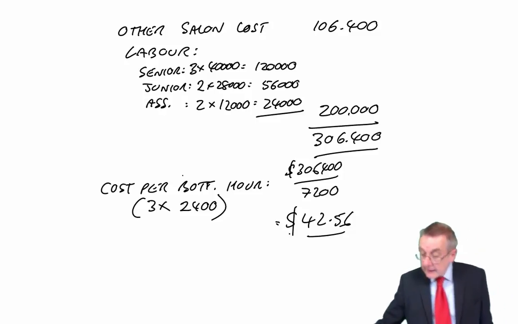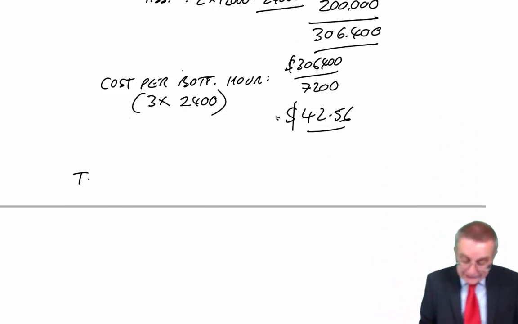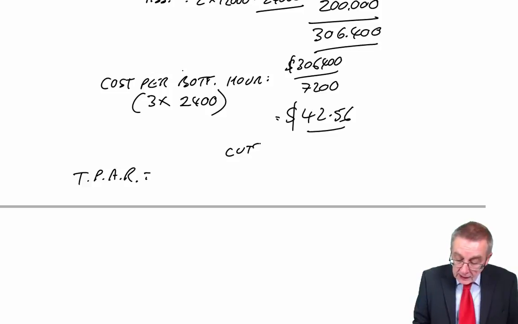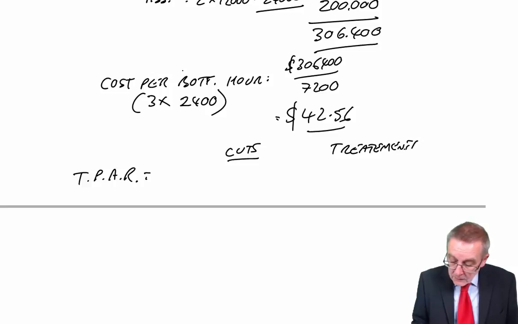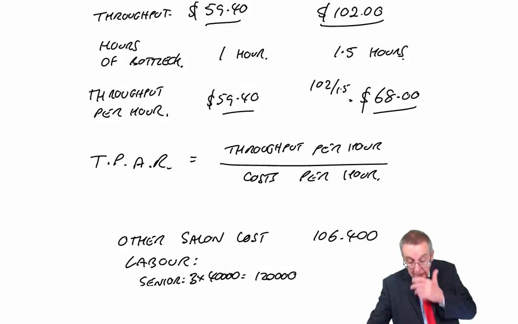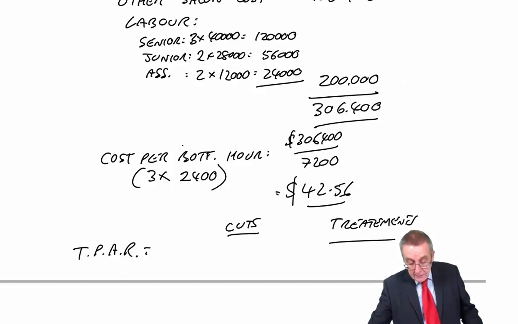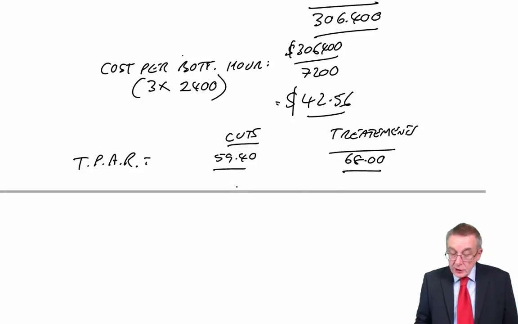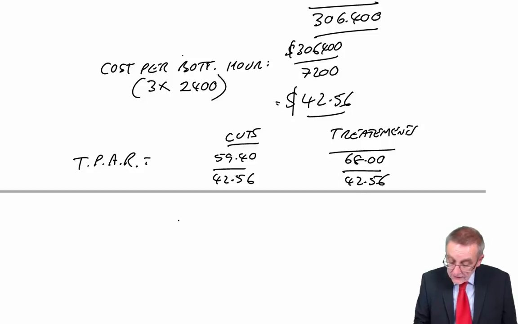And so finally, the throughput accounting ratio. Incidentally, don't be frightened of abbreviating in the exam, but the throughput accounting ratio, cuts and treatments. I wrote earlier, it's the throughput per hour, 59.40 for cuts, 68 for treatments, divided by, in each case, the cost per bottleneck hour of here 42.56.